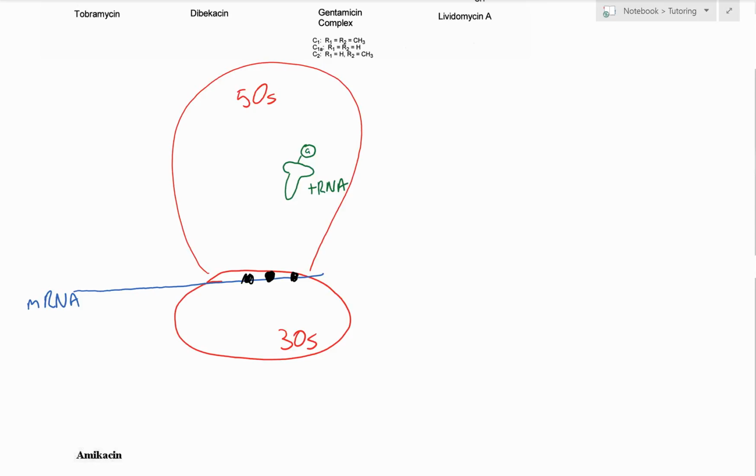And then it has the same effect as inducing a nonsense mutation, meaning that you don't get a functional protein being made. You've got an early stop codon and things like that. So basically, although not acting on DNA, it has the same effect as a mutation by preventing the translation of DNA into protein, or more specifically mRNA into protein.